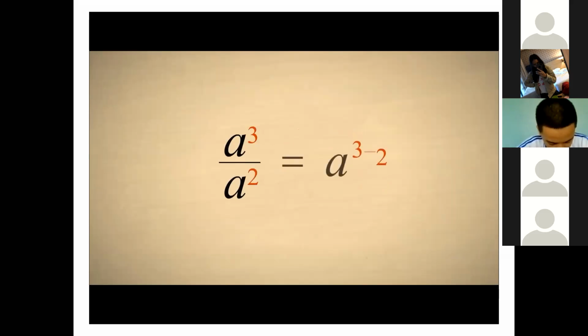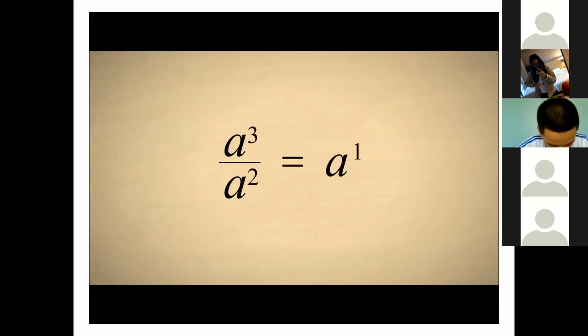We can use these rules to find out what an exponent of 1 would mean. If we start with a non-zero number, a cubed, and divide it by the same number, squared, we subtract the exponents, and the result is a with an exponent of 1.